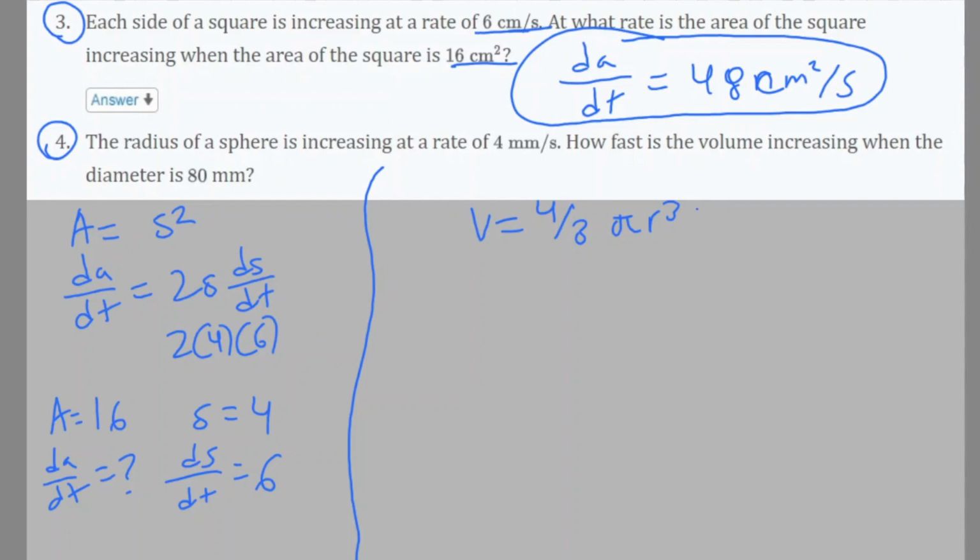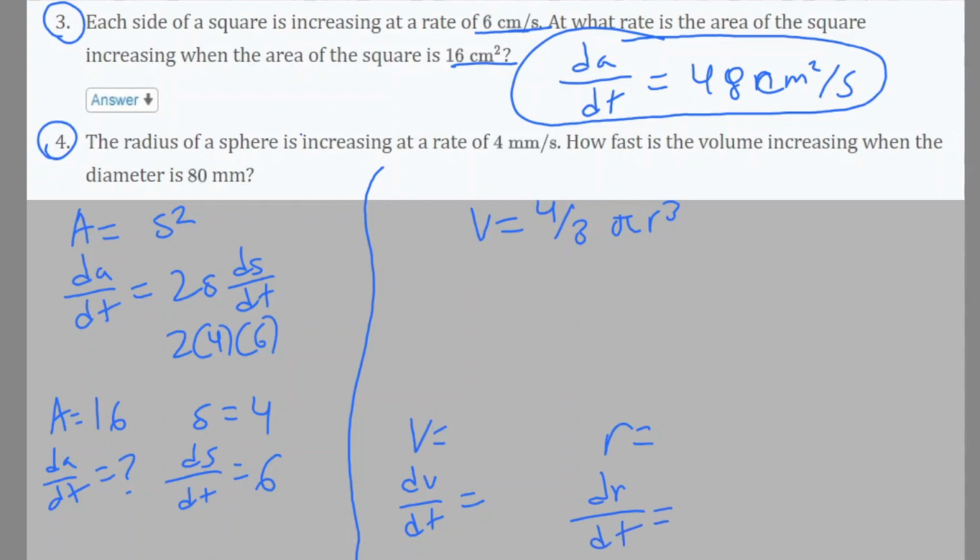So now what we have to do is the same thing: we write down what we know and what we don't know. So V and then dV/dt, and we're dealing with diameter here, but we could just divide it by 2 and then write it as the radius. Just because the original equation has the radius, we don't want to make it any more complicated than it needs to be. So we have r and then dr/dt.